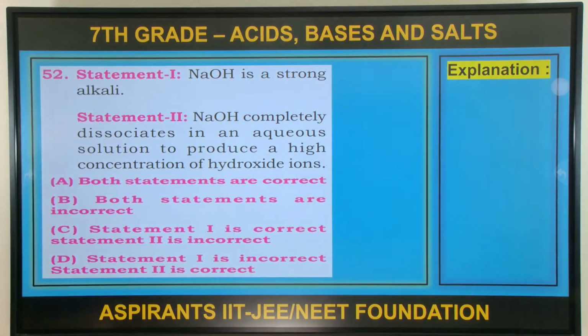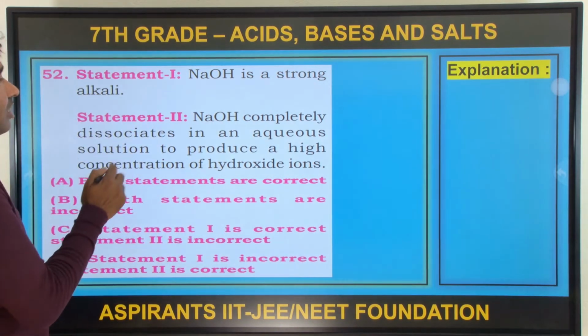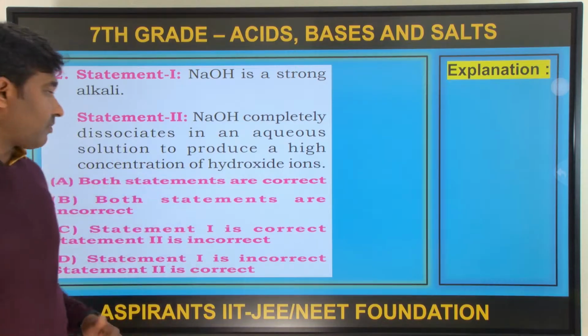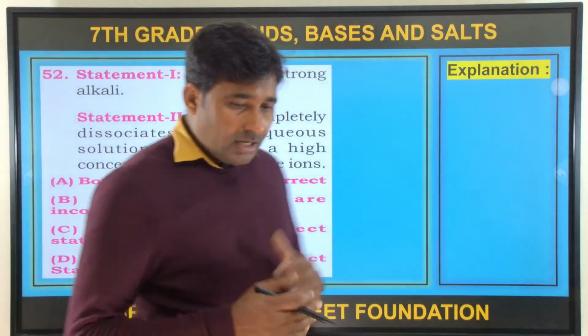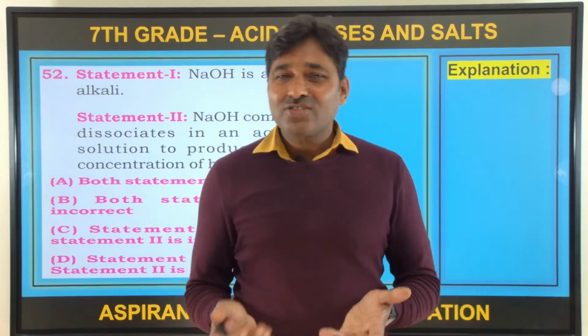Statement 1. NaOH is a strong alkali. Yes, NaOH is a strong alkali. Statement 2. NaOH completely dissociates in an aqueous solution to produce a high concentration of hydroxide ions. Yes. Why is it a strong alkali?